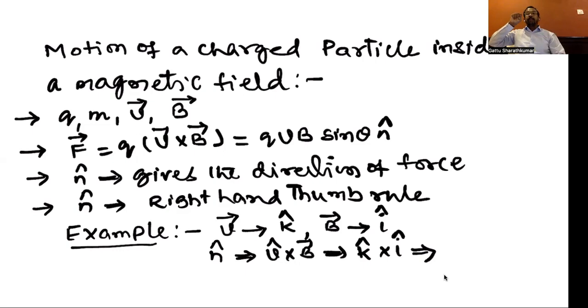Then I open the thumb. The thumb is pointing towards my left-hand side, so it is j cap. So the force is along j cap. I think you understood how to find the direction of force using the right-hand thumb rule with this particular example. So going ahead.